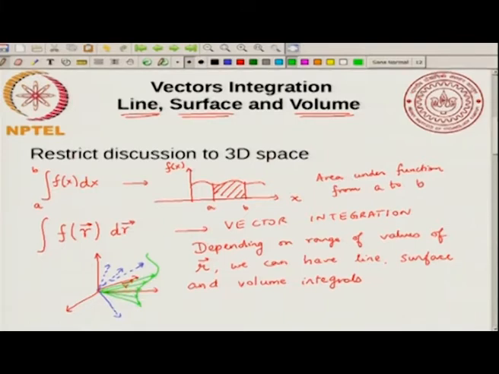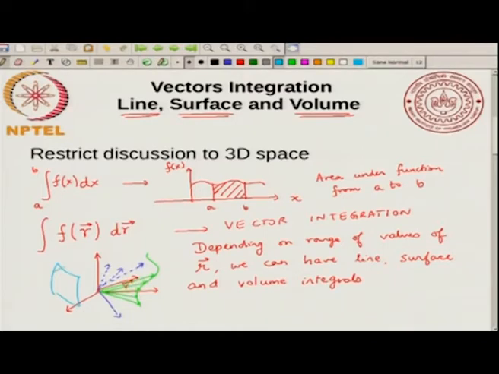If you imagine that you are allowing values of r to only take these values, and you are doing an integral similar to what we did in the scalar case, then you would get something called a line integral.